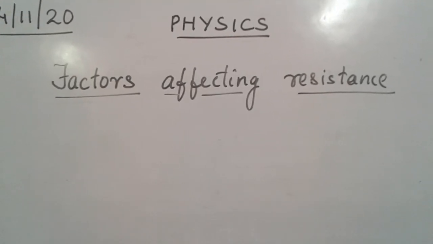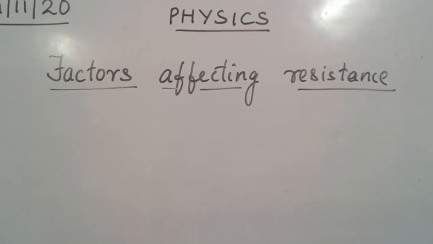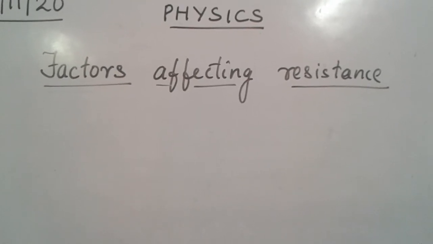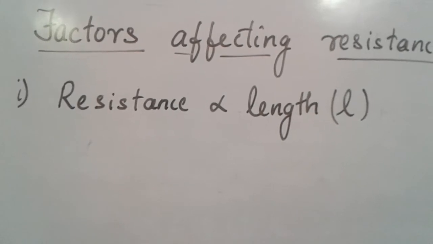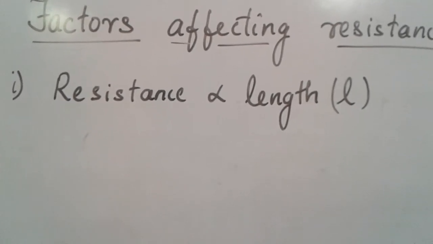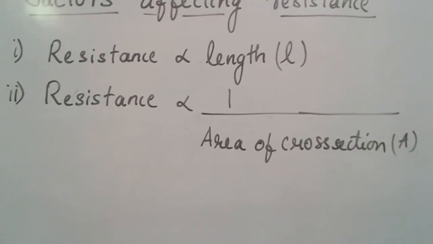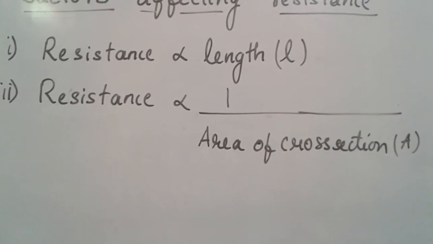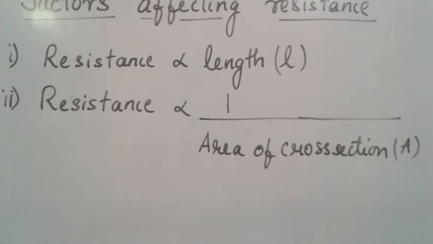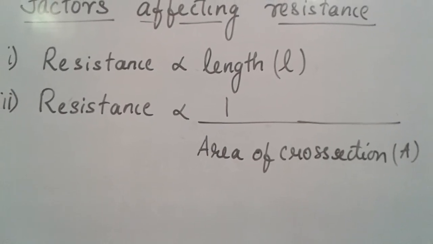After doing the numericals, now we will see what are the factors that affect resistance. The first factor is that resistance is directly proportional to the length L. The second factor is that resistance depends upon the area of cross section, that is capital A, and it is inversely proportional to it.